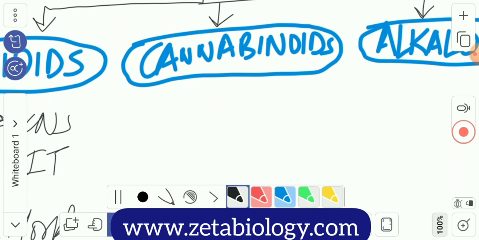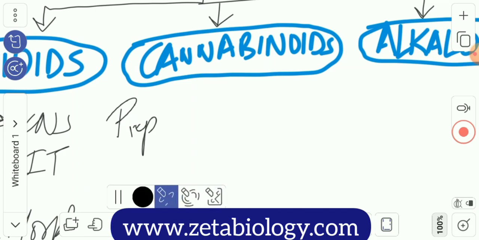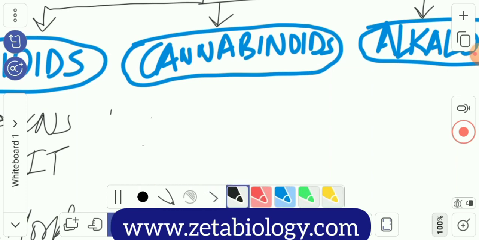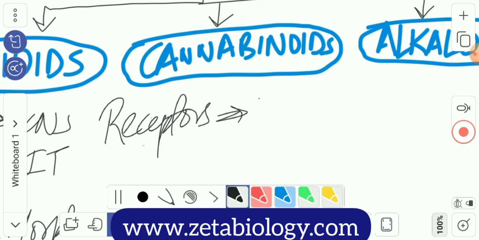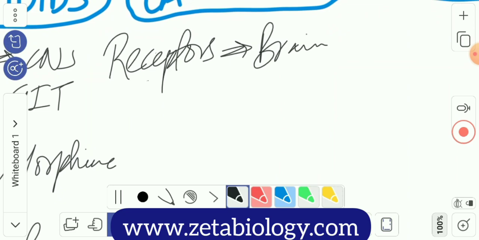Now, cannabinoids. So the receptors of cannabinoids are present in the brain, and the natural cannabinoids are obtained from cannabis sativa.